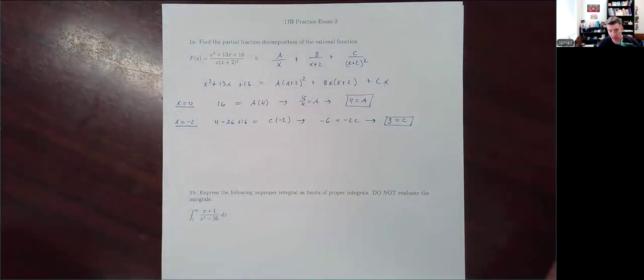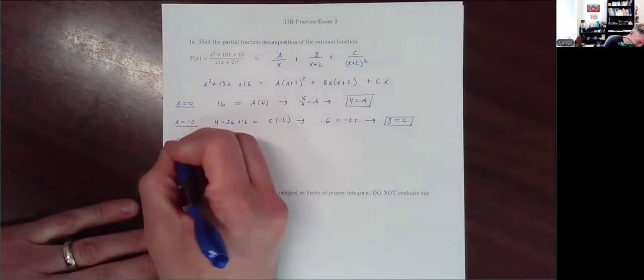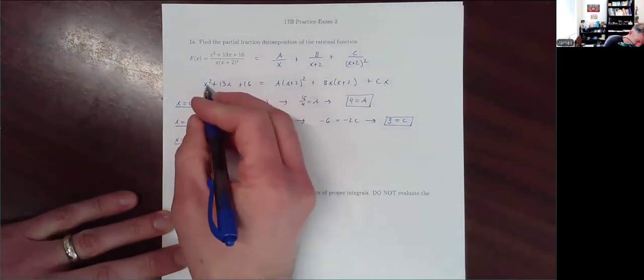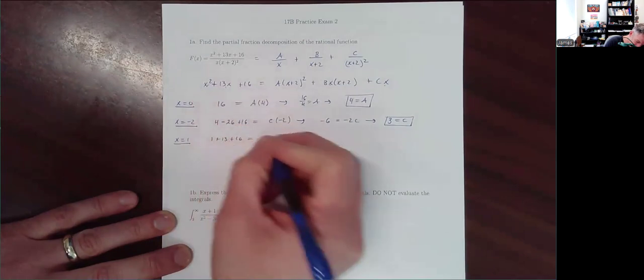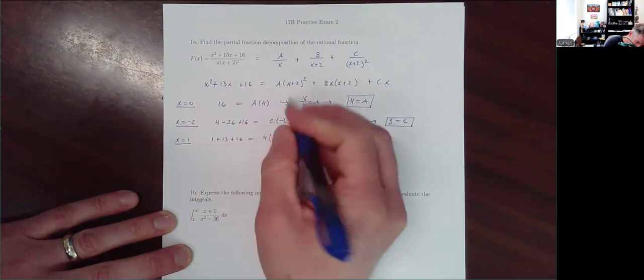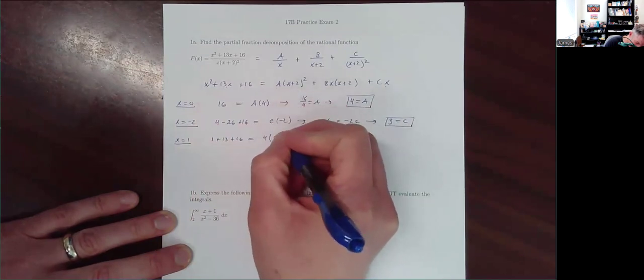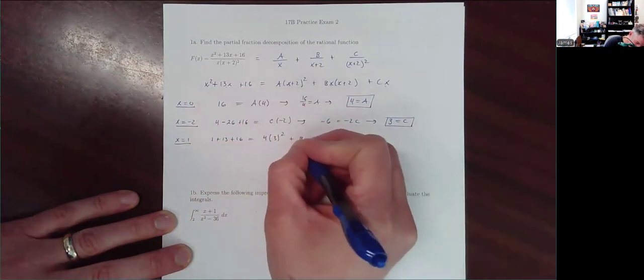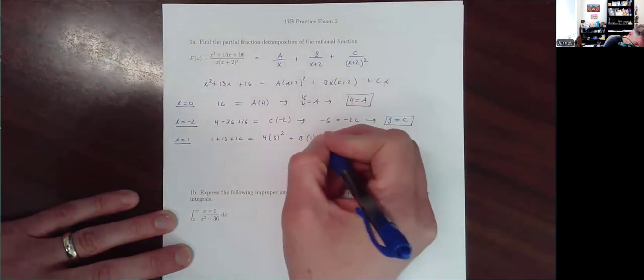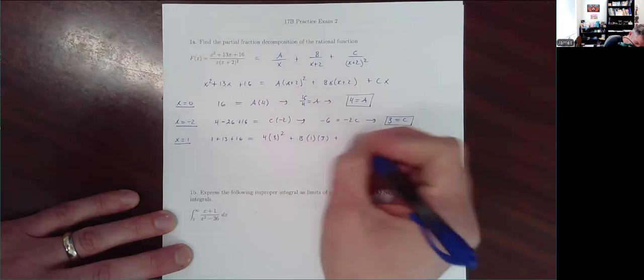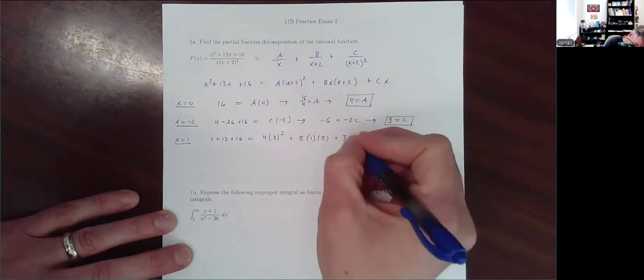Now you have a choice. You could either pick another value of x, like 1, and plug it into both sides along with the values of A and C. So we can do that. x equals 1. We're going to get 1 plus 13 plus 16 equals A, which is 4, times (1 plus 2), which is 3 squared, plus B, which we don't know, times 1 times 3, plus C, which we do know, times x, which is 1.